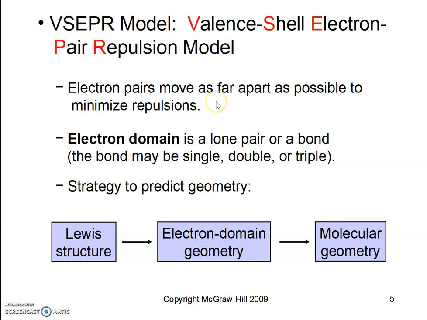In other words, they want to be away from each other as much as is humanly possible. An electron domain or an electron cloud would be either a pair of electrons or any type of bond at all.